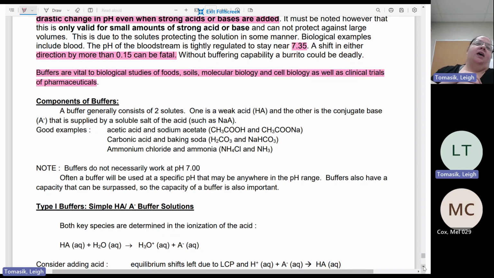Okay, so buffers. A buffer is usually two solutes working together to keep the pH at the same level. One is a weak acid, and the other is its conjugate base.